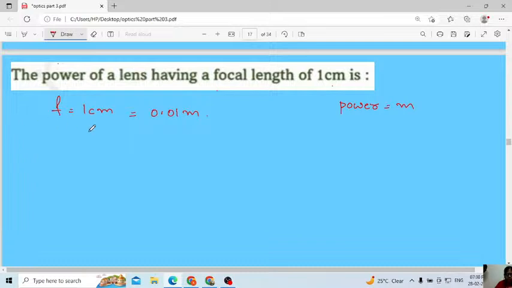Okay, Radhika, I am using red only. Then power is nothing but 1 by f. Then 1 divided by 0.01 is nothing but 100 D. Easy question. Very easy question.